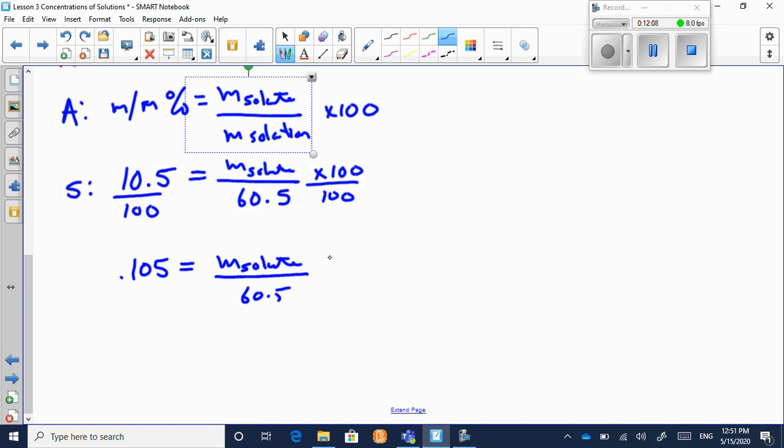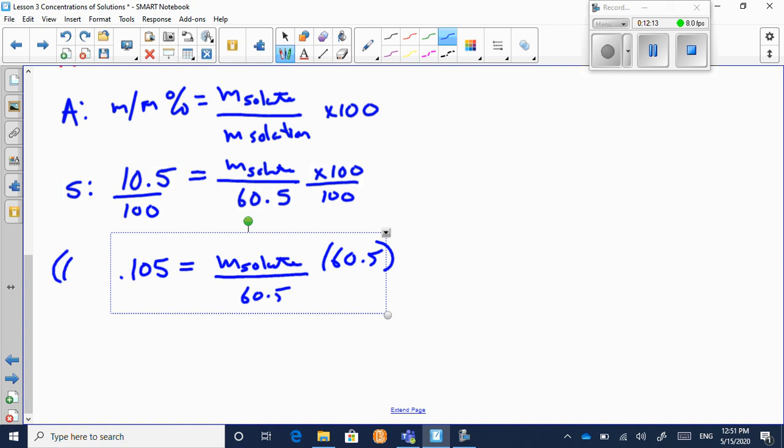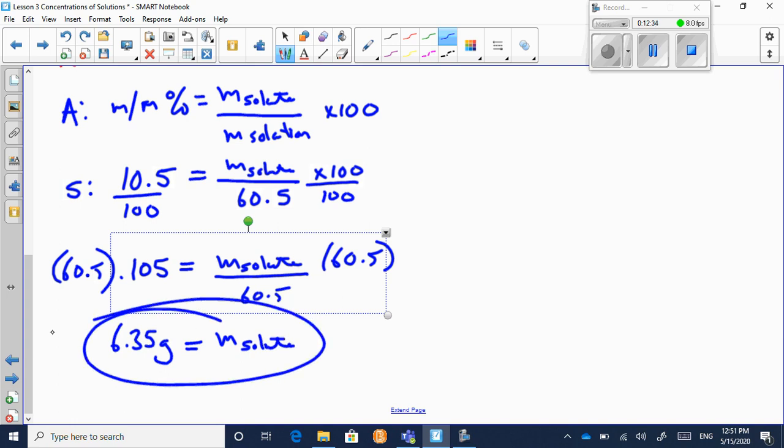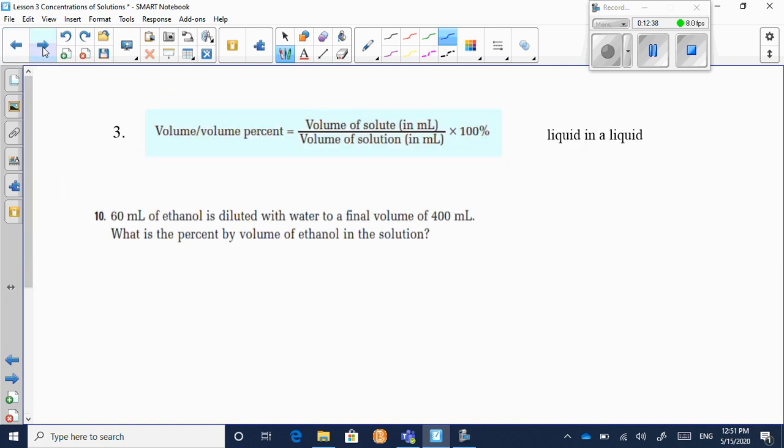And then to get the 60.5 over, we multiply both sides by 60.5, and so our final answer is going to be 60.5 times 0.105, and we get 6.35 grams is the mass of the solute, which is the chromium in this case. Okay, so there it is. So you can be given the mass, the percent, and still solve.